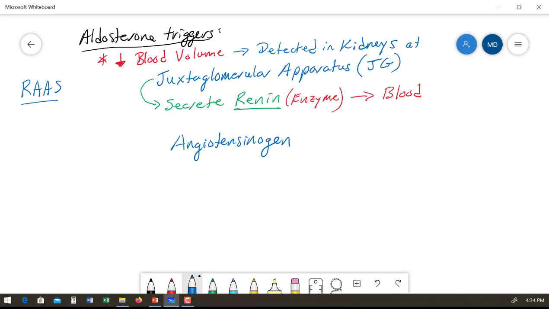Angiotensinogen, also in the blood, is an inactive enzyme. And the way that I know that is because at the end of the term it says ogen. Anytime you see ogen, that means that it's an inactive enzyme. Now what happens is renin is going to cleave angiotensinogen. And when it cleaves this, it cleaves it into angiotensin 1.